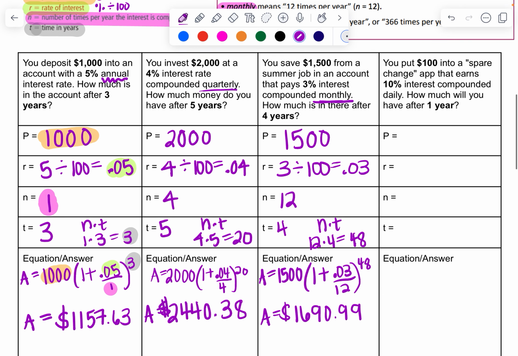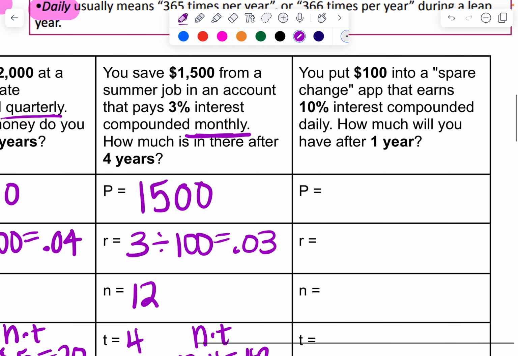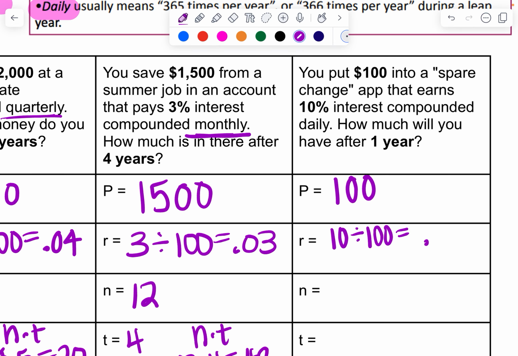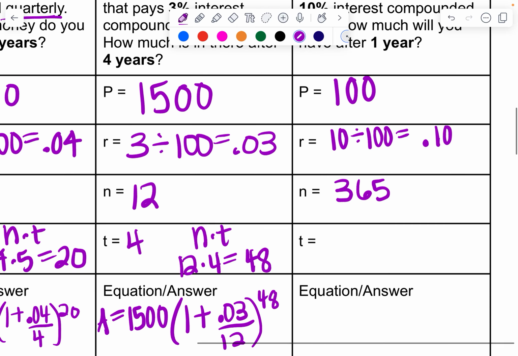All right, one more. You put $100 into a spare change app. So we start with $100. That earns 10% interest. So 10 divided by 100 is 0.10. Compounded daily. Daily means 365 times per year. How much will you have after 1 year? So in this case, T is 1, and N times T is 365 times 1, which is 365.